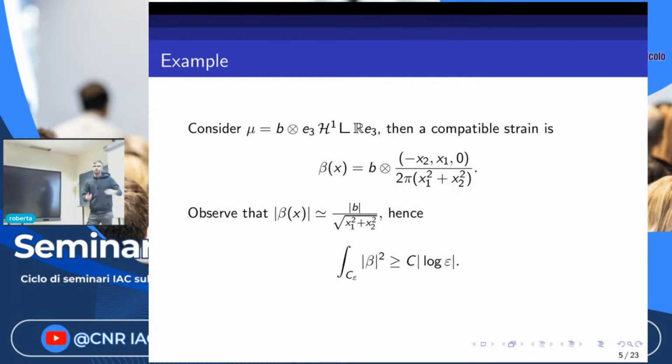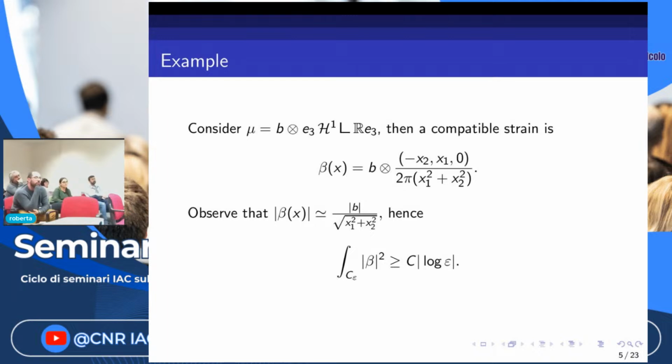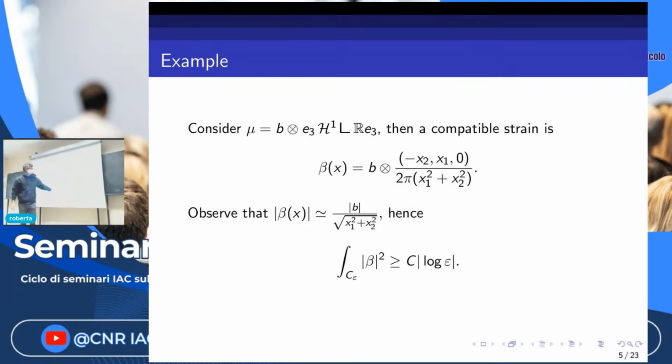They cannot be, because the curl is concentrated on an n-2 dimensional set. And this is going to play an important role. Also the kind of divergence that we're talking about is logarithmic in the distance to the dislocation.